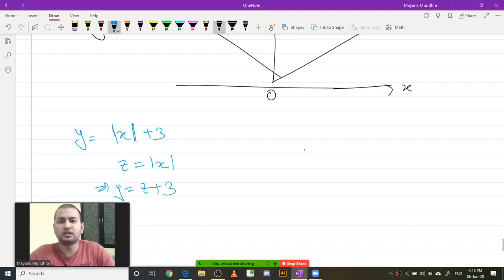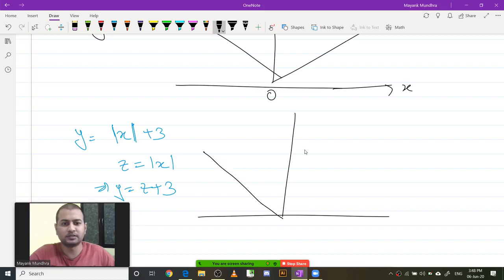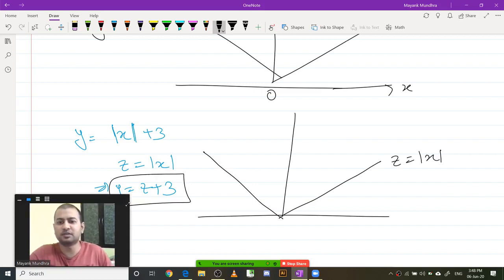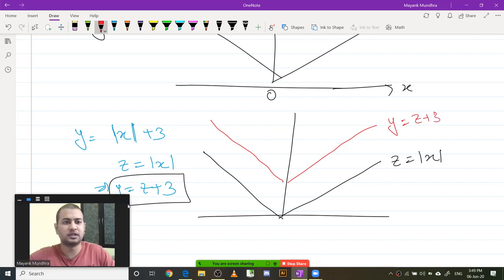I know that the graph of the function z will look like this. This is z equals mod x. Now y is just z plus 3. So for whatever value z was taking, y will take values 3 units more than that. So the function of y will look like this. y equals z plus 3, which is basically mod x plus 3.